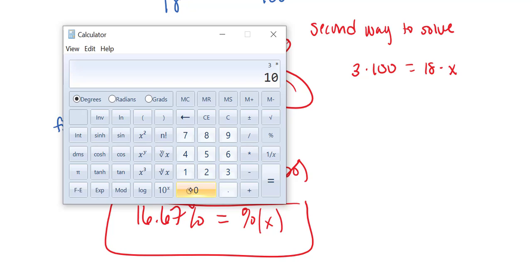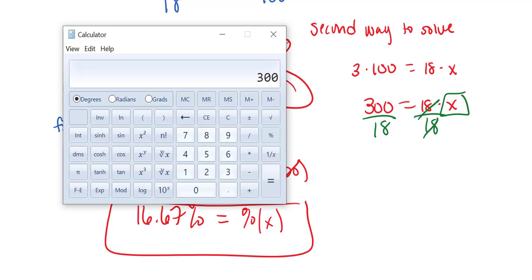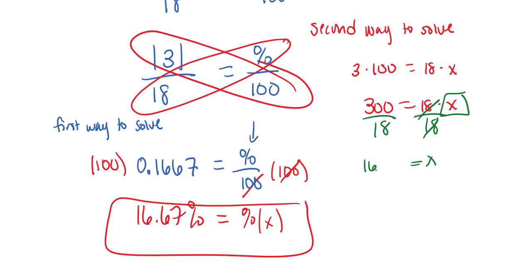We have 3 times 100, that's 300. 18 times x. We divide by 18 on both sides. We get x by itself, which is what we want. So 300 divided by 18. And look at that, we get x, which is equal to 16.67%. So two different ways to solve.